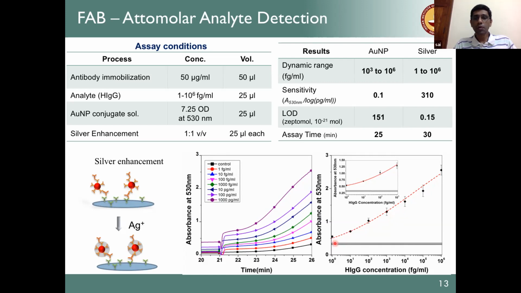Whereas the control is below 1 femtogram per ml. The volumes that you take are quite small: the sample volume is 25 microliters, and the conjugate is 25 microliters at an OD of this much.